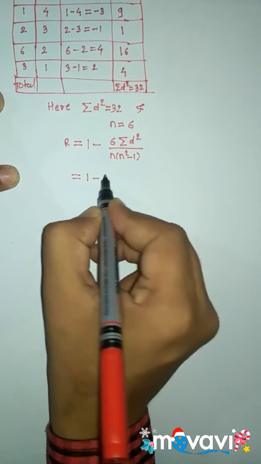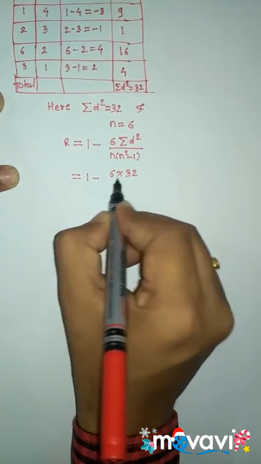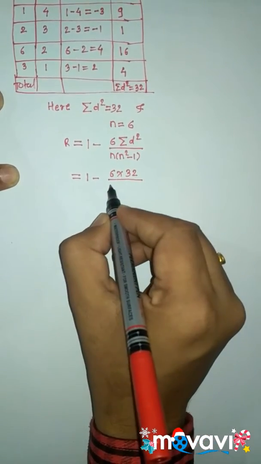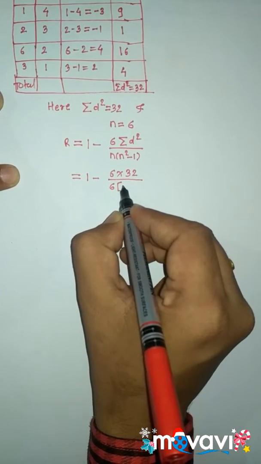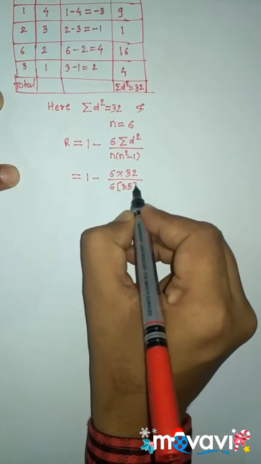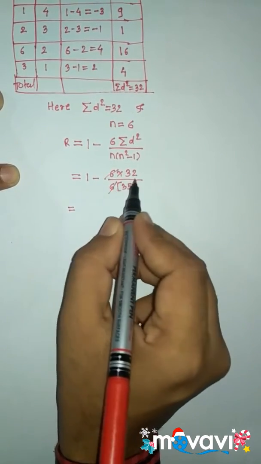So 1 minus 6 into summation d square which is 32 upon n which is 6 into 6 square minus 1 which is 35. So this 6 is cancelled with this 6.